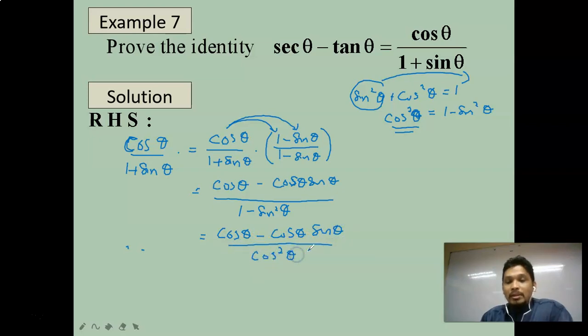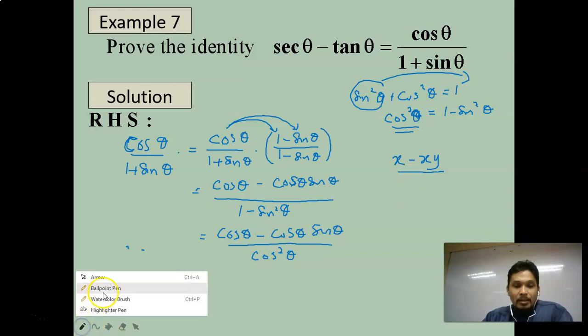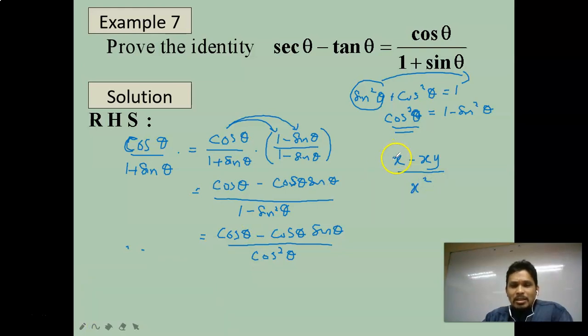And now, class, it is something like this. We have x minus xy divided by x square. Do you think that we can just simply simplify this? X divided by x, with x here, it comes out with 1 minus y divided by x. Am I right?